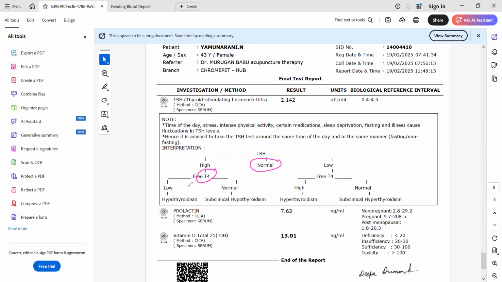And if this is low, then it is primary hypothyroidism. If this is normal, then subclinical. If free T4 is high, then it is hyper. In hyperthyroidism, normally the TSH level will be low. Normally up to 5; above 10 only, you will normally be advised to take thyroxine, L-thyroxine or propranolol.